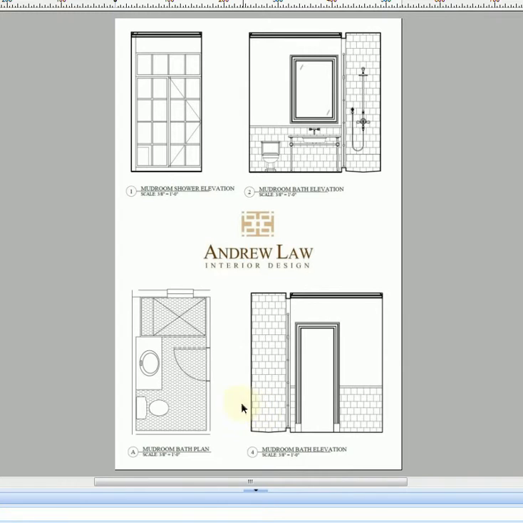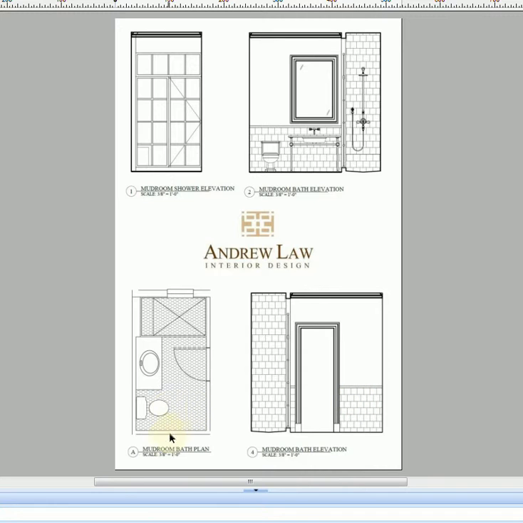So in this diagram, we actually only have 3 elevations. We're looking at the door and the walls looking this way. So this is the shower wall here. This is the door here, and then this is what we call a wainscot, which is a half wall, somewhere between 36 and 42 inches normally.